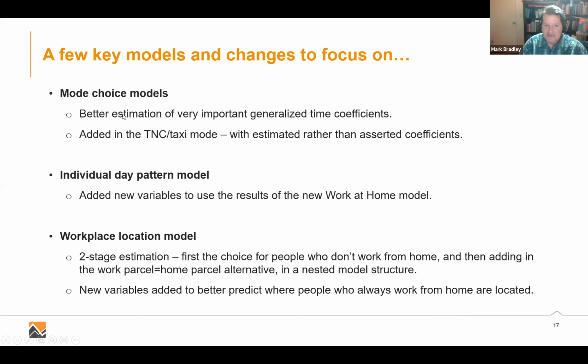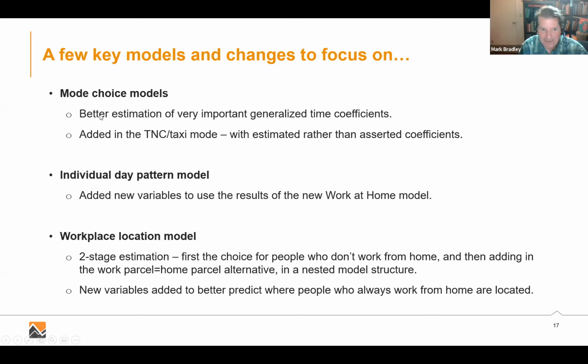Because most survey data doesn't really support the estimation of those coefficients, as well as all the hundreds of mode choice models that have been estimated in the past. And we actually did a federal study, the SHRP2 C04 project, which recommended how to do these generalized time and cost coefficients. So we basically use the formulations that come from that report.